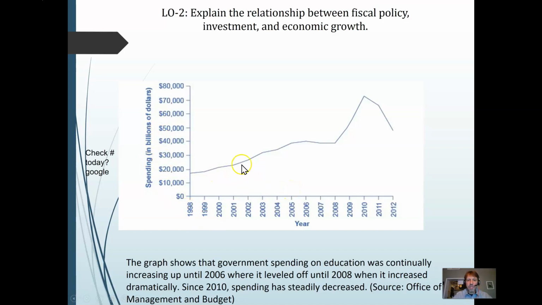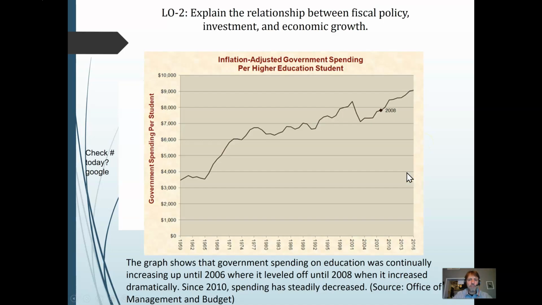And so there's been an increase in spending on education until after the recession, and now that's come back down. There's debate about where that should go in the future as we look out past this timeline of the graph.